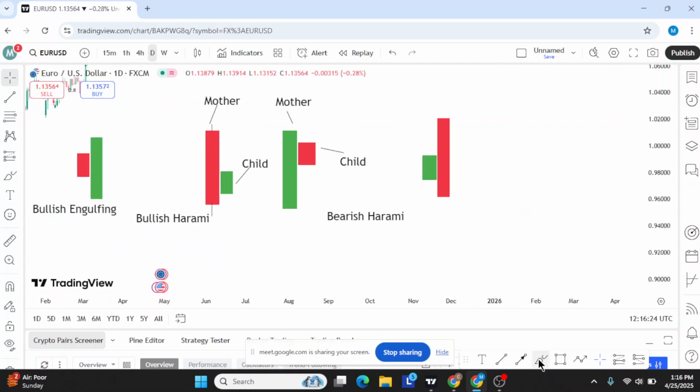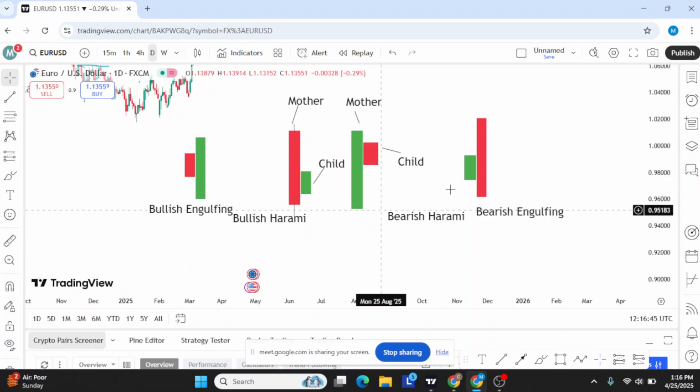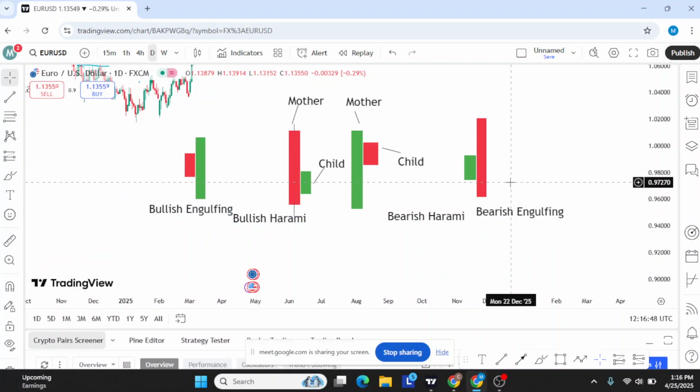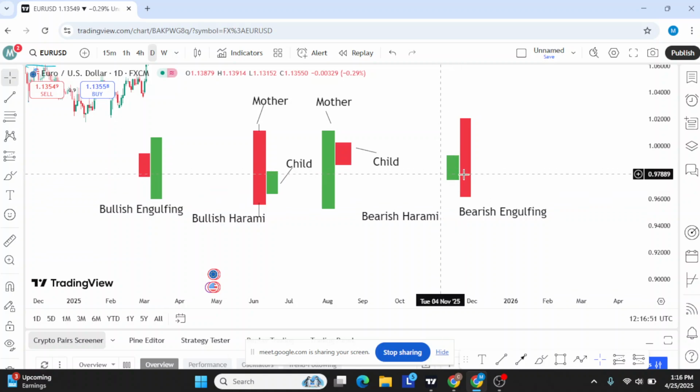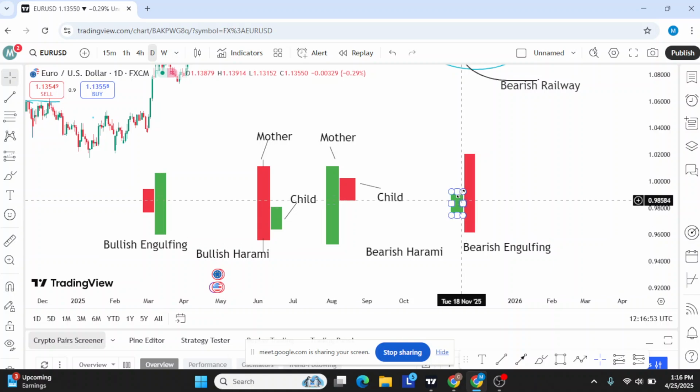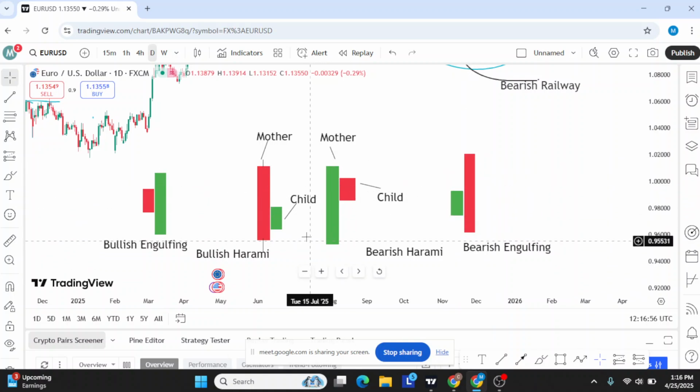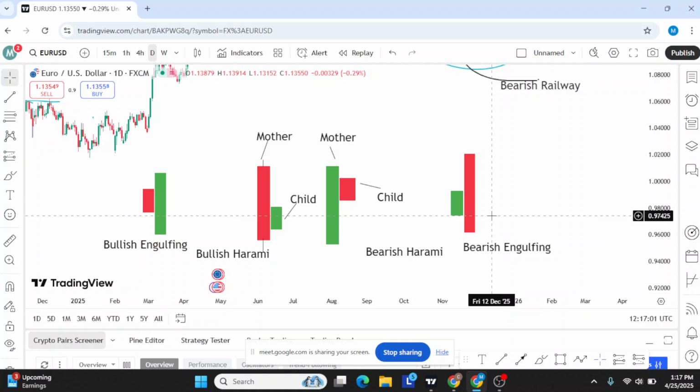Now the bearish scenario, bearish engulfing. You can see it's also similar to the bullish harami, but this one is like a child left behind, and this is the father. You can see how long this one closes. They are more like opposites.